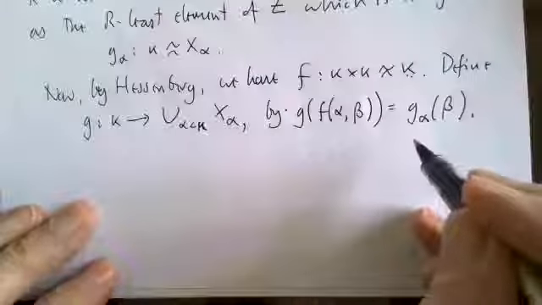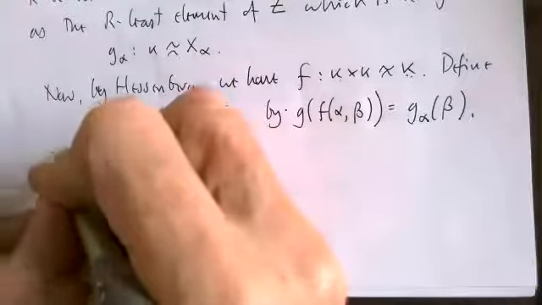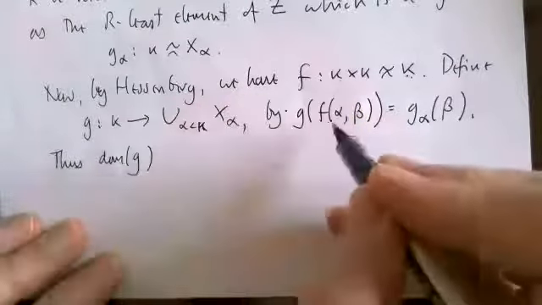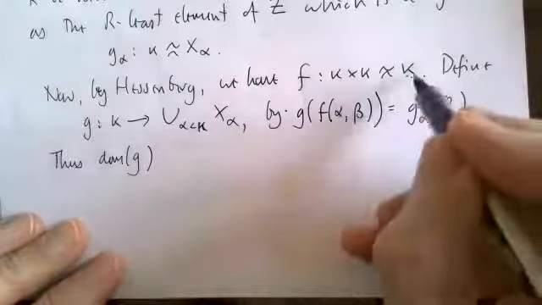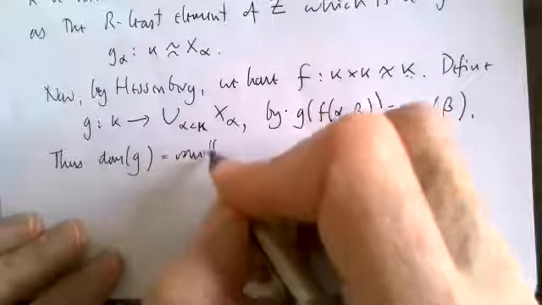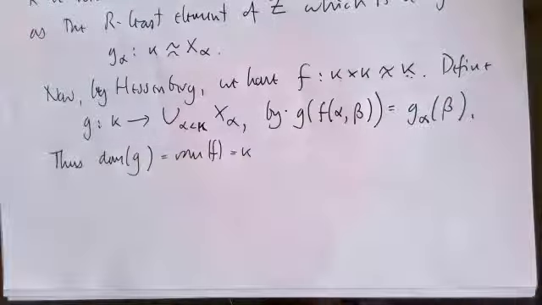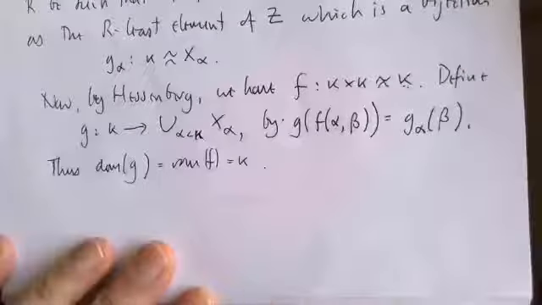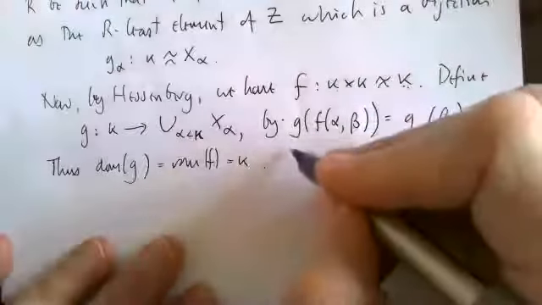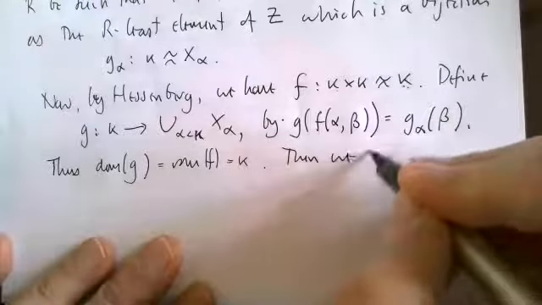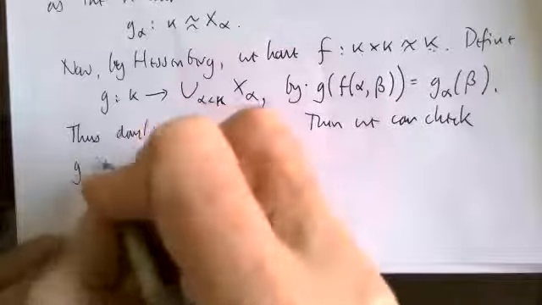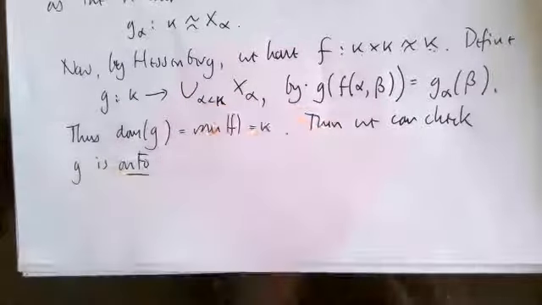So once one figures that out, then you see that the domain of G is just the range of F, which is kappa. And you can now check that this is onto. It's an onto function.